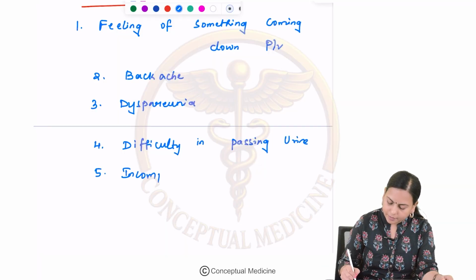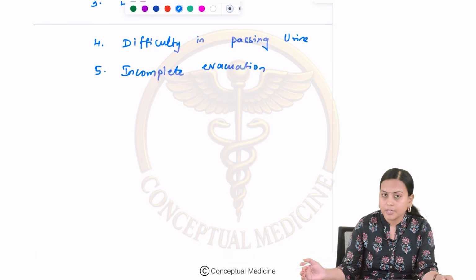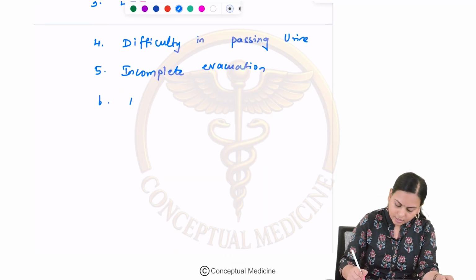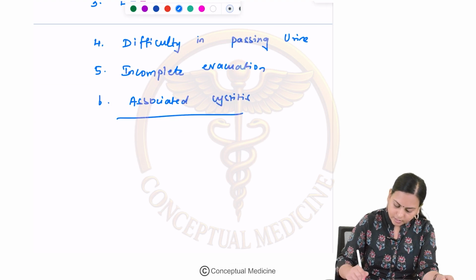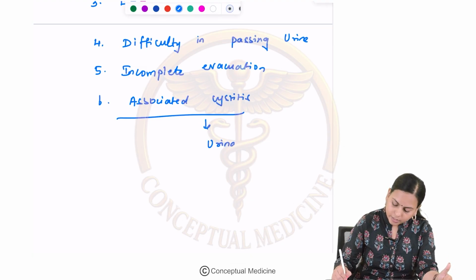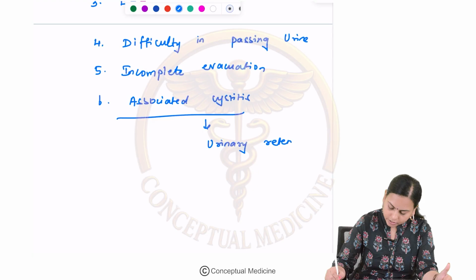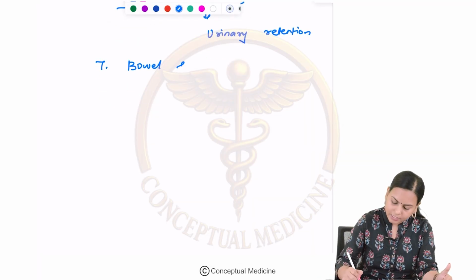Sometimes there can be incomplete evacuation also. So frequency of urination will be more in these patients, and this can be associated with cystitis. Cystitis is mainly because there can be urinary retention, and then there can be bowel symptoms as well.